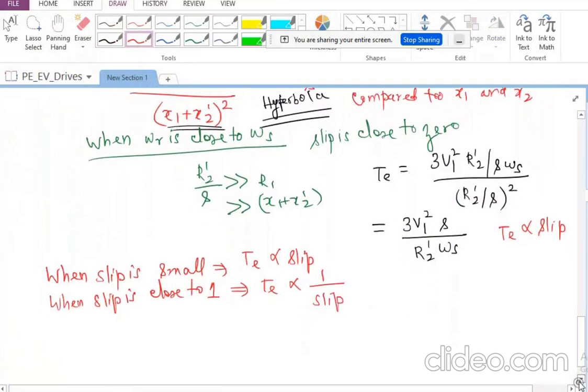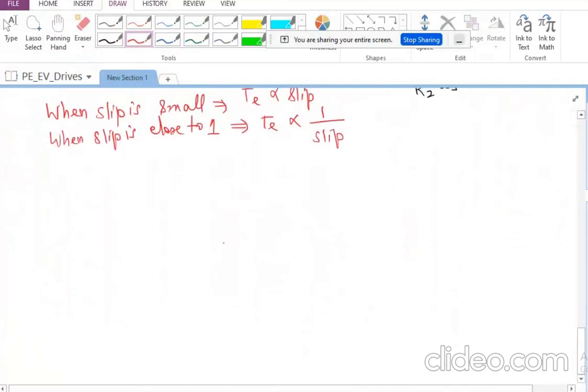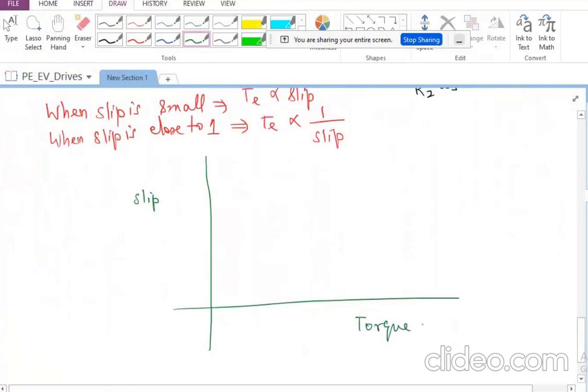So we should be able to draw the characteristic somewhat like this. This is the slip I'm talking about, and this is going to be the torque, electromagnetic torque.